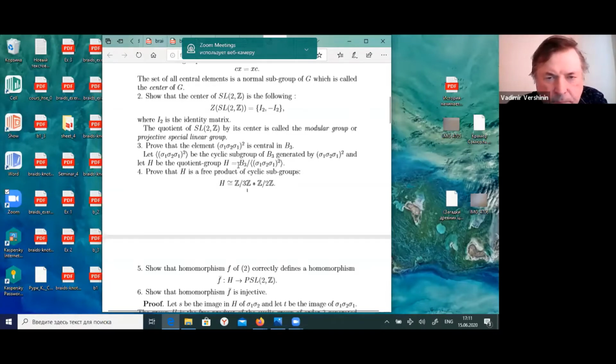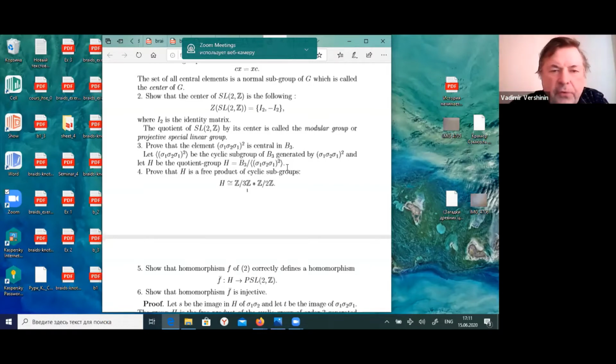So now consider the quotient group, generated by the same sigma 1, sigma 2, but you should add one more relation: that the central element goes to 1.